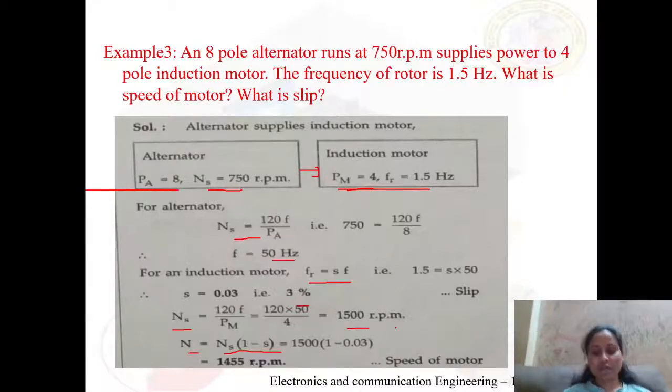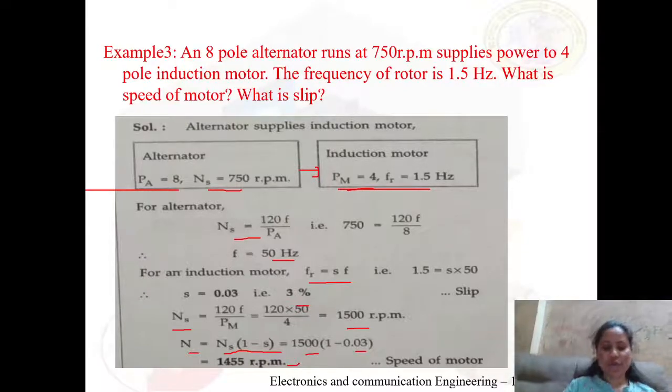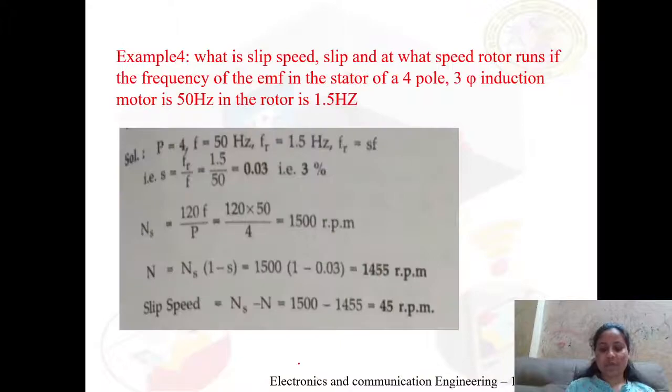So let us substitute Ns and the value of s to find the value of speed. Ns is 1500 rpm, s value is 3%, so take it as 0.03. We get the value of speed of the induction motor as 1455 rpm.